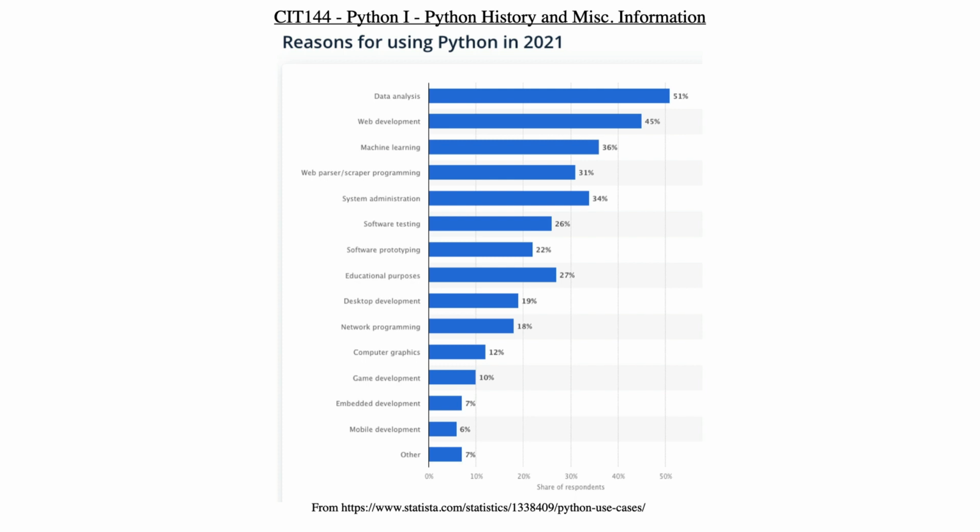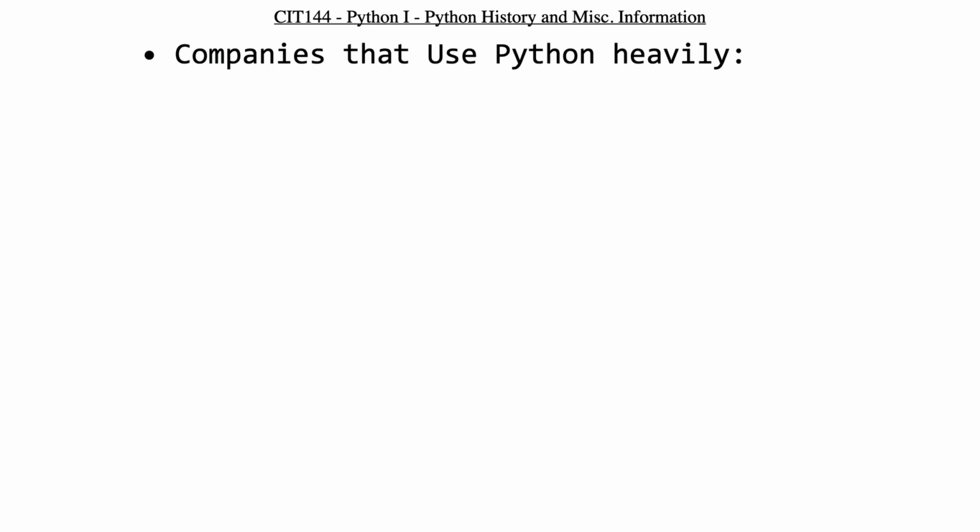So you can look at those at your leisure and see all the other things that Python is being used for. Another thing that I have is a list of companies that you probably know that use Python heavily. The first one is Netflix. They use Python.